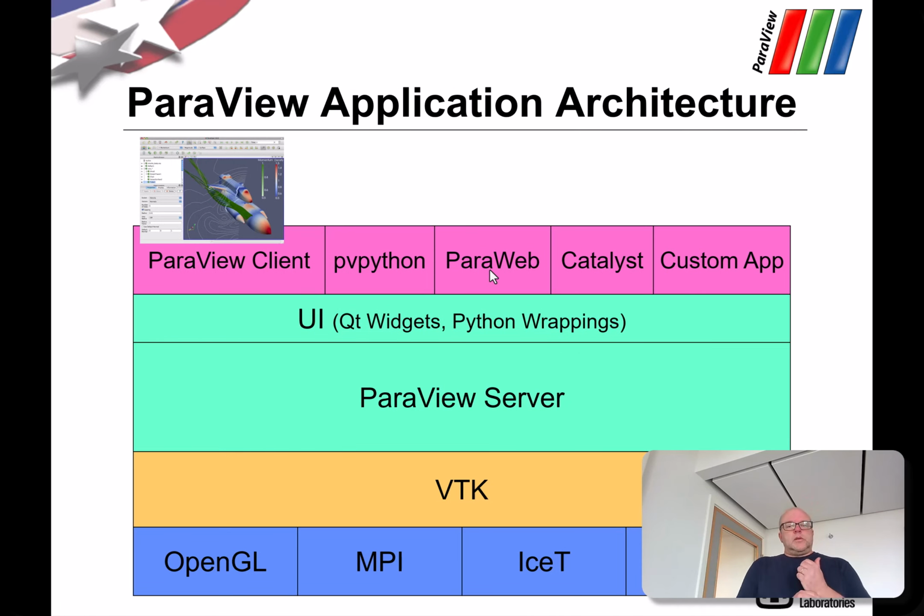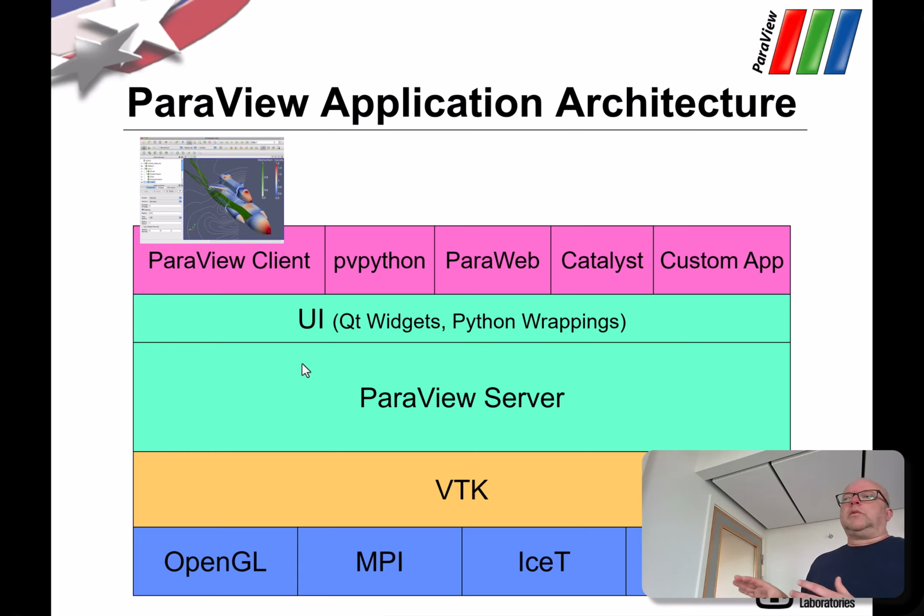So ParaView is part of a kind of architecture. If you start from the lower parts here, it's built on top of OpenGL, which is a programming standard for hardware accelerated graphics. So that communicates with your graphics card, for example. Then it's also based on MPI for doing parallel work.